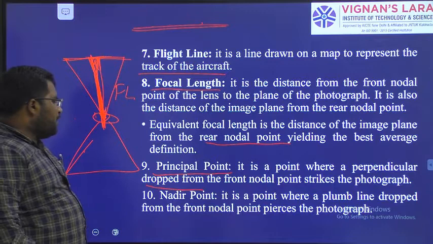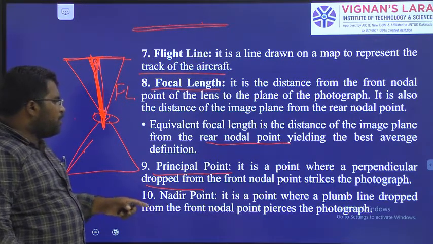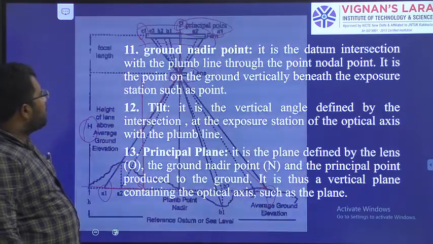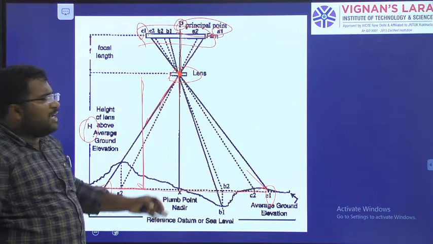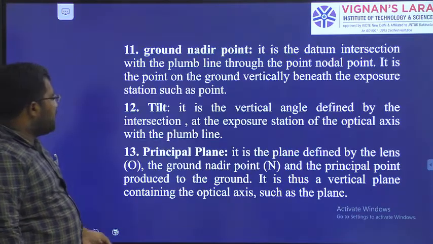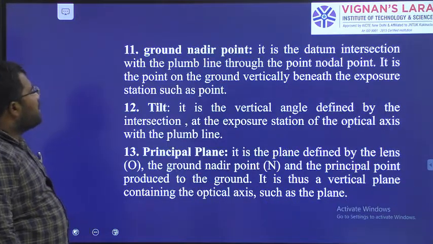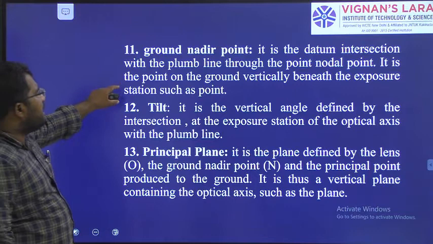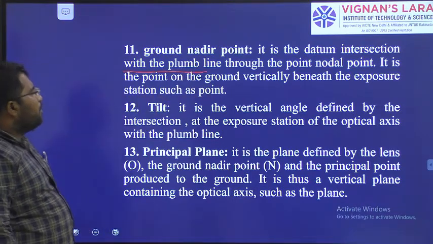Next, nadir point. It is the point where the plumb line dropped from the front nodal point pierces the photograph. If the photograph is truly vertical, both points will be the same. If it is tilted, the plumb line will strike at some other point. That is called the nadir point. Next, ground nadir point. It is the datum intersection with the plumb line through the front nodal point.